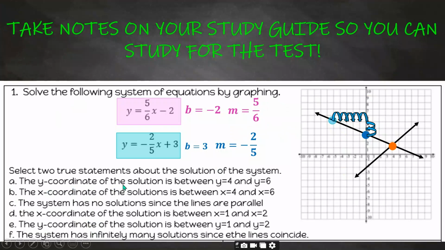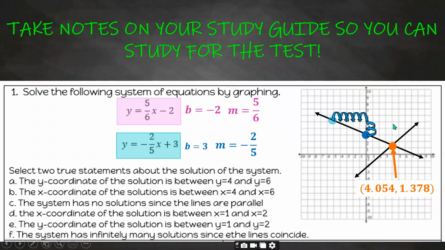So here we have to select two true statements about the solution of the system. The y-coordinate of the solution is between y is equal to 4 and y is equal to 6. Well, the y-coordinate of this solution, if it was between 4 and 6, would be all the way up here after 4. And remember, this is 3. So it'd be up here at 4, and the point of intersection would have to be right here.